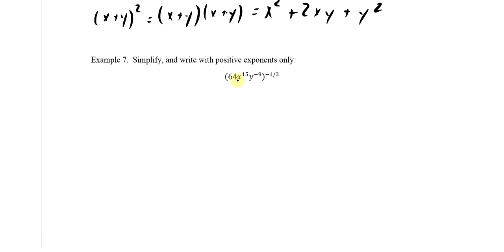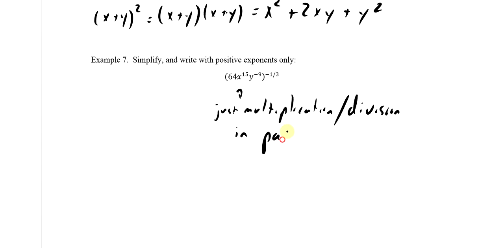So, just multiplication, or in the parentheses, just multiplication and division. The C's, E or I, we'll go with an I. It might be misspelled, but that's okay.